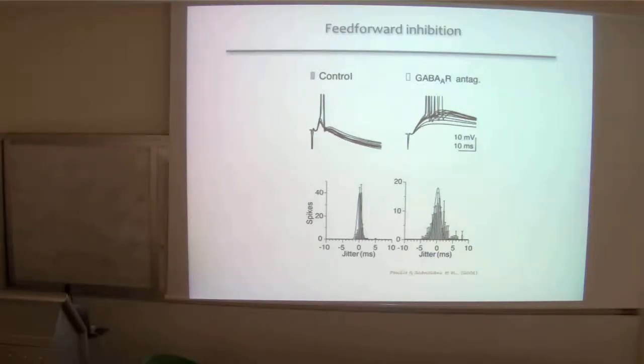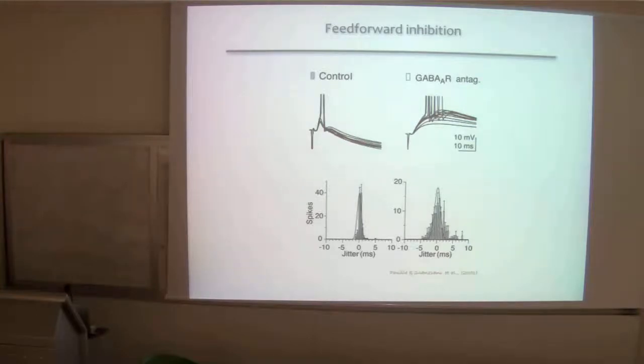What this feed-forward inhibition does is reduce the temporal window for synaptic integration, meaning that if you don't get a second excitatory input within a short space of time, it doesn't summate, because it's shunted by the inhibition coming in 2 milliseconds later. In real terms, under normal circumstances, when you have an intact feed-forward inhibitory circuit, it keeps the precision of the spike timing in a very tight window.